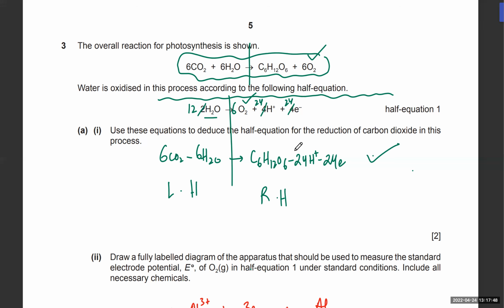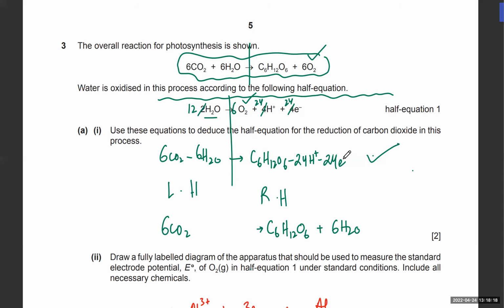The only thing I need to do is rearrange it, because you don't have equations where you have minus 6 H2O. So what I can do is get the H2O to the other side. So it's going to be 6 CO2 and there's going to be C6H12O6 plus, if I bring the 6 H2Os on the other side, 6 H2Os.